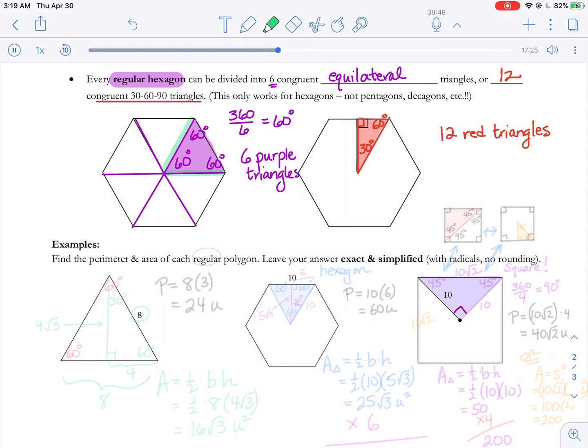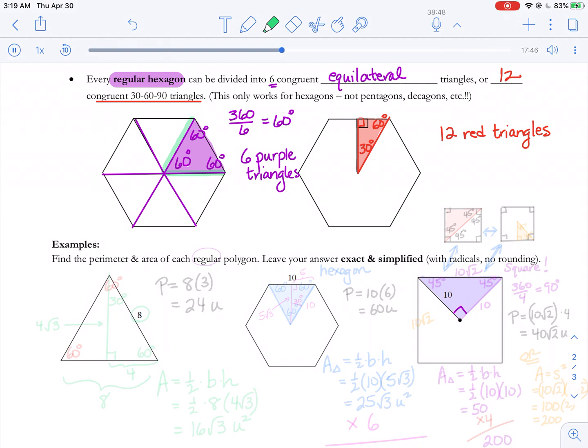Copy that little right triangle onto the other one. So there's 6 equilateral triangles, there's 12 of the red triangles, there'd be 6 of the purple ones. Okay, so this is what we're going to be basing everything on.